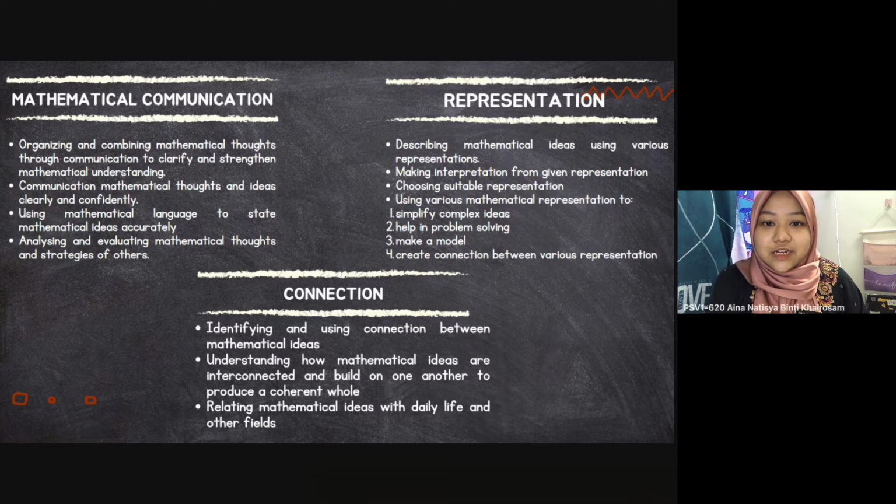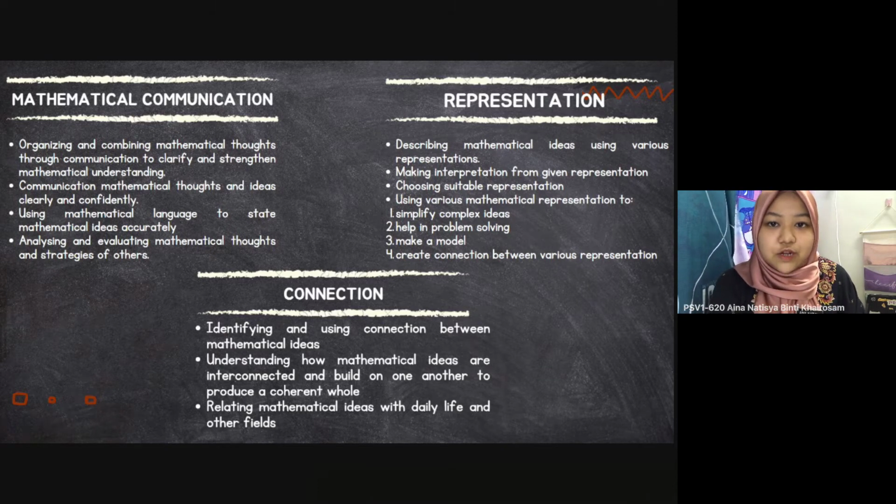Making interpretation from given representation. Representation is necessary for pupils' understanding of mathematical concepts and relationships. Representation allows people to communicate, approach, debate, and understand mathematics for themselves and others.